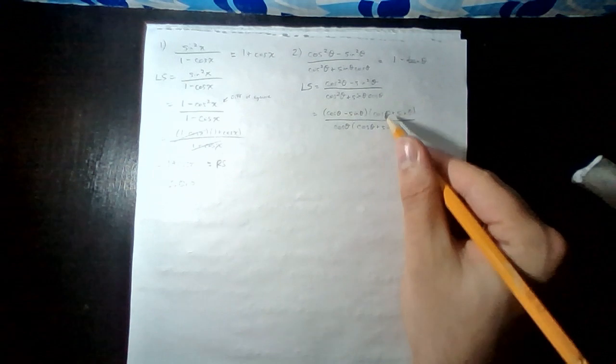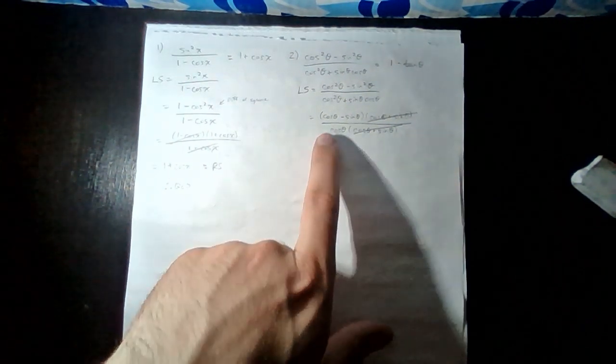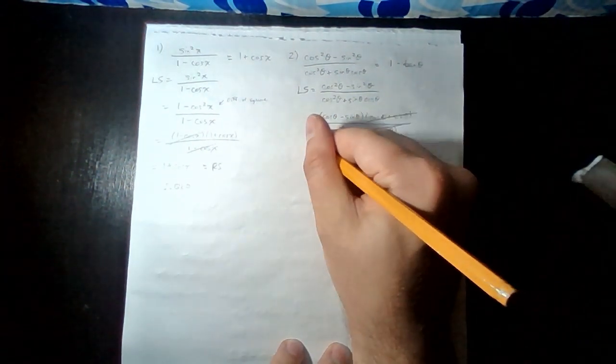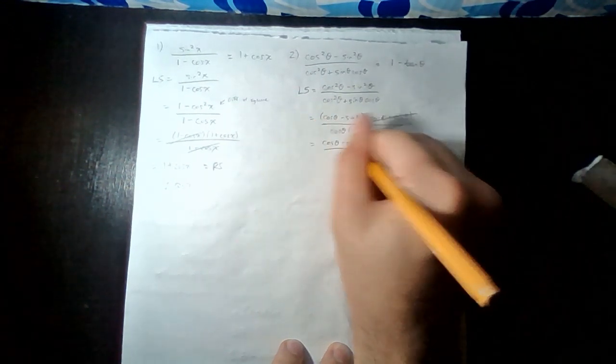That's good. We have a cos theta plus sine theta on the top, a cos theta plus sine theta in the bottom. That's going to simplify things quite a bit. We just have cos theta minus sine theta over cos theta left after the cancellations.